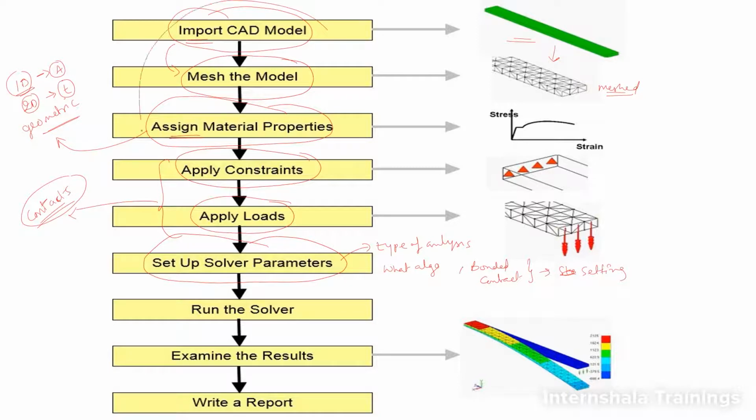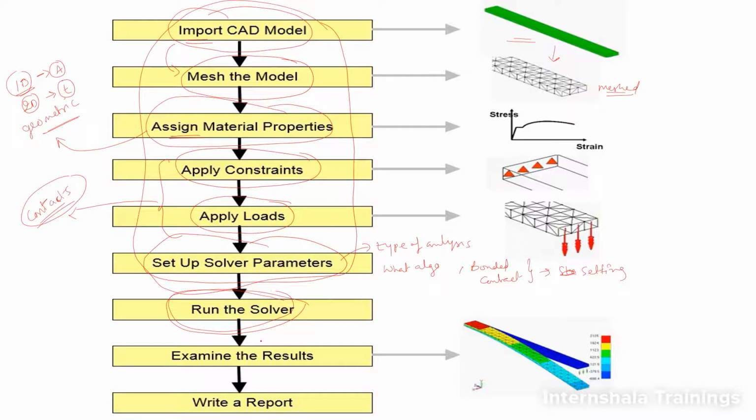Once all of these steps are done properly, we just tell the computer, or the FEM program that you are using, to solve this particular problem. For that we run the solver, and once we run the solver, whatever procedure I stated in the previous lectures about what goes on under the hood of the software, all that process will be done automatically by the software itself.